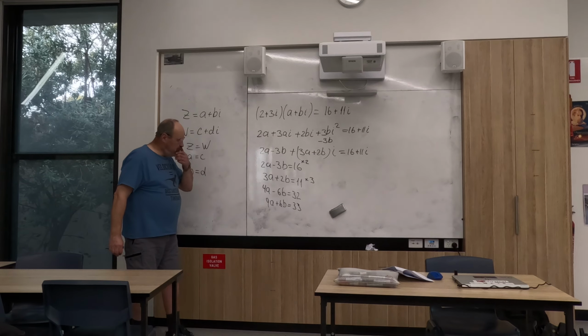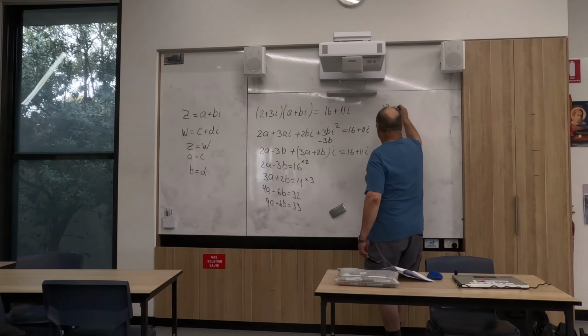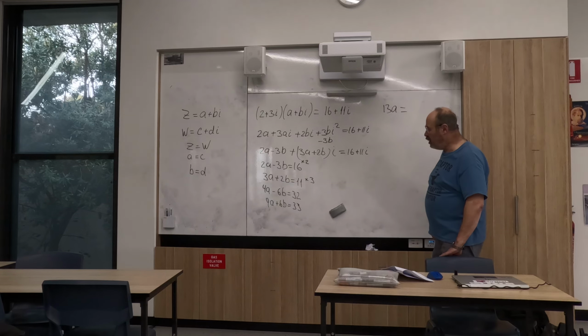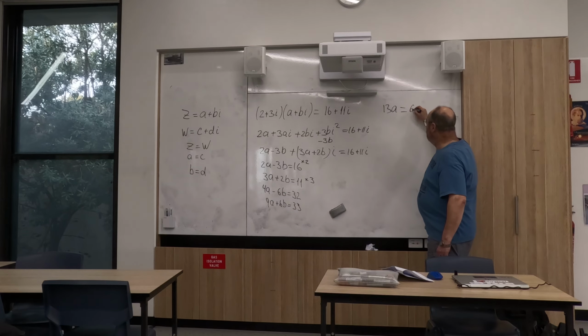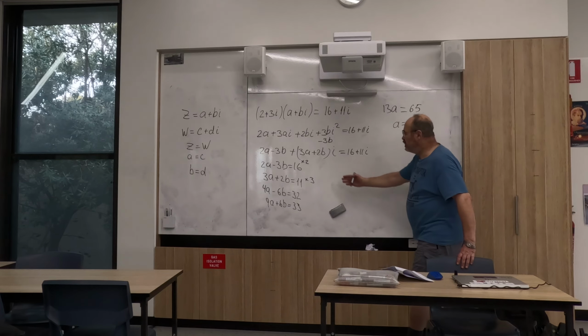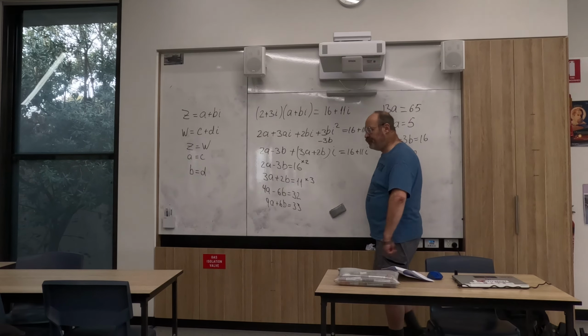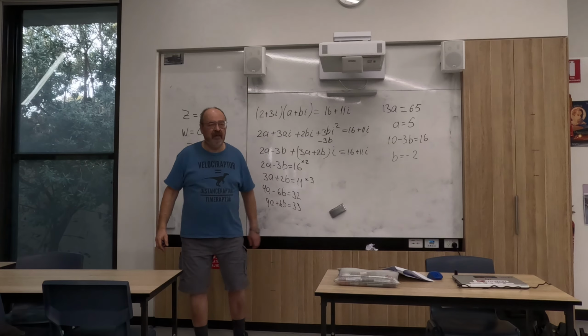Then when we add, b is eliminated, so we get 13a equals 65, so a equals 5. Substituting it back into the first equation, we have 10 minus 3b equals 16, and b equals negative 2. Make sense?